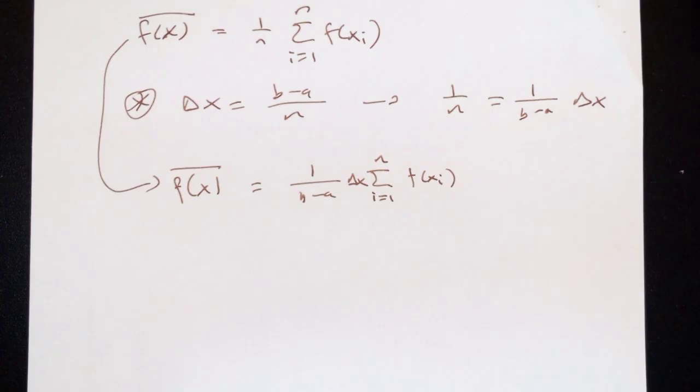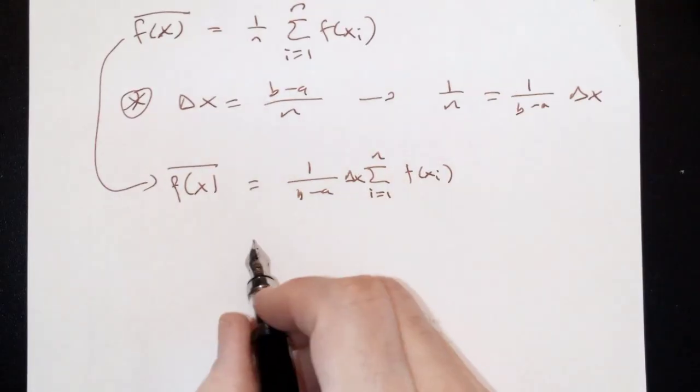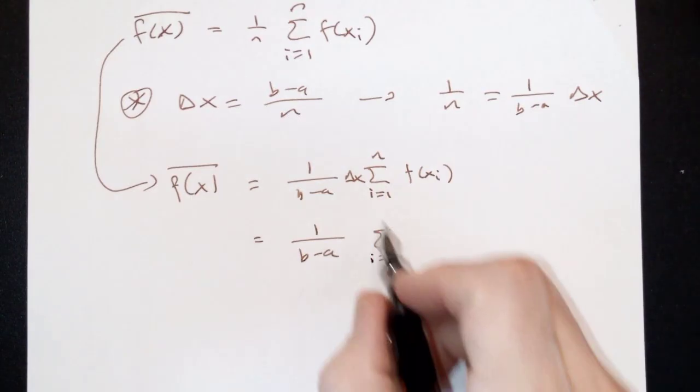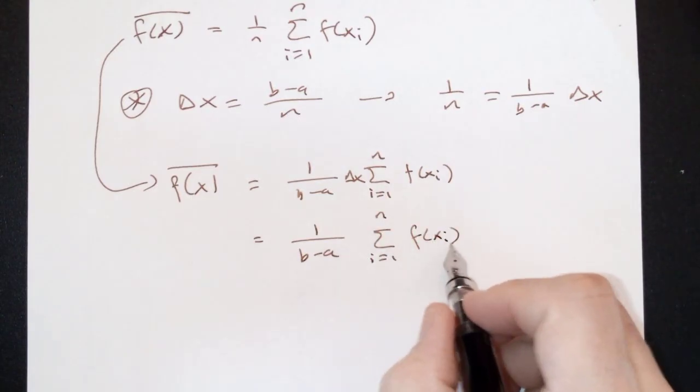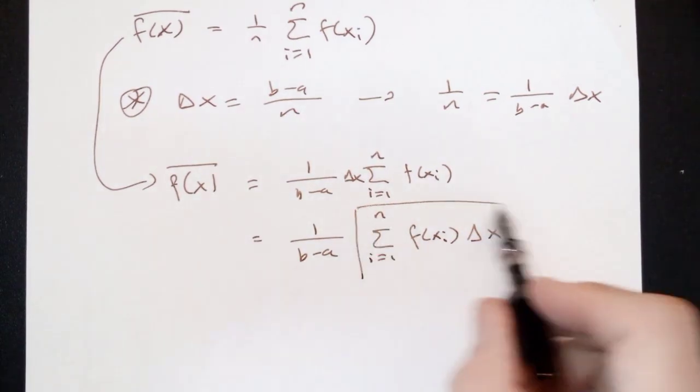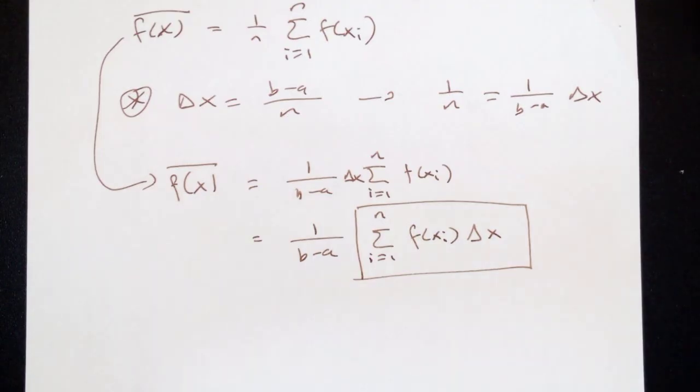And it depends on n somehow. I'm multiplying all this together. Does it matter what order I multiply in? Let's put the delta x on the end. I saw that yesterday. What's that thing? Not quite. Not yet. It's a Riemann sum.